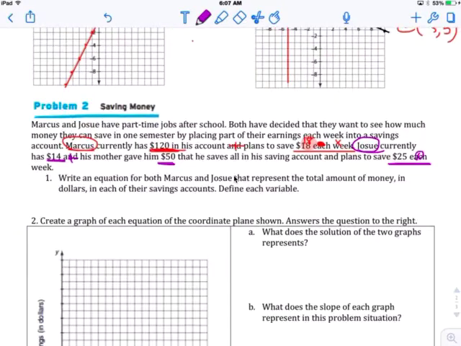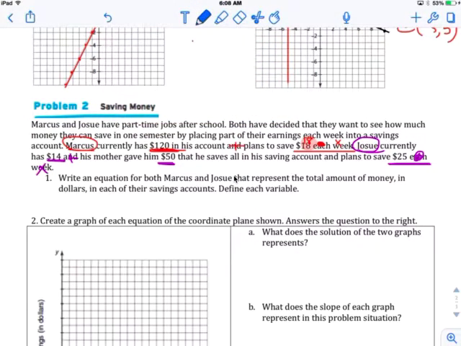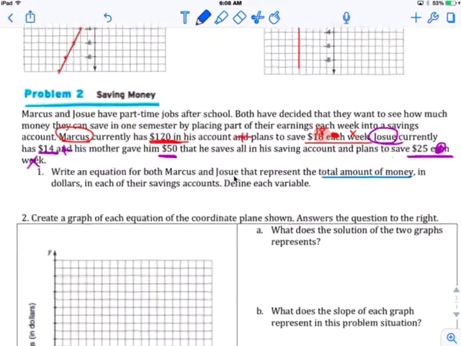So each means times. X stands for week. Write an equation for both Marcus and Josue to represent the total amount of money in dollars in their savings account. Define each variable.